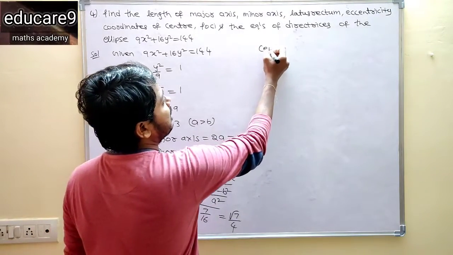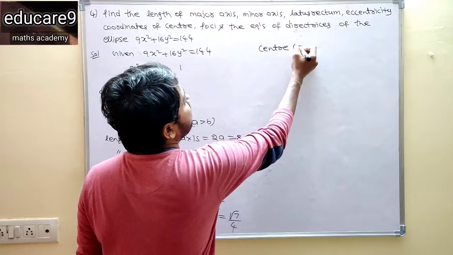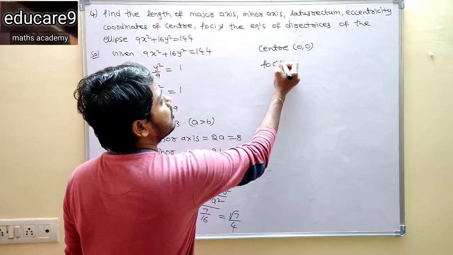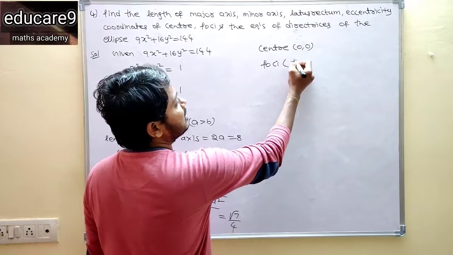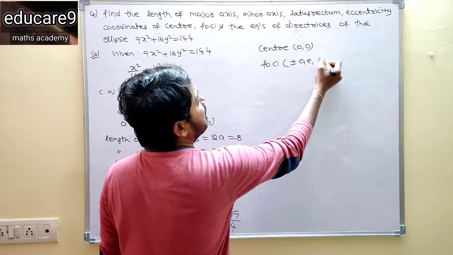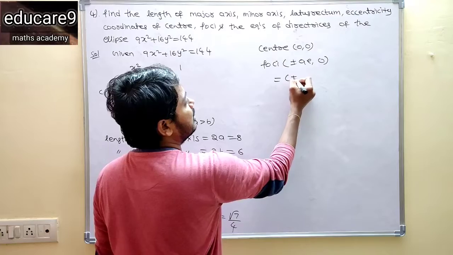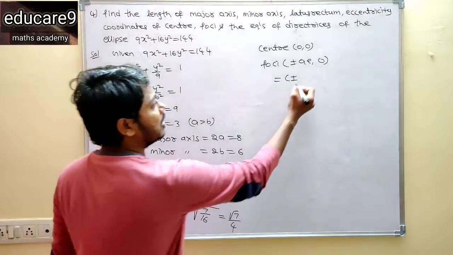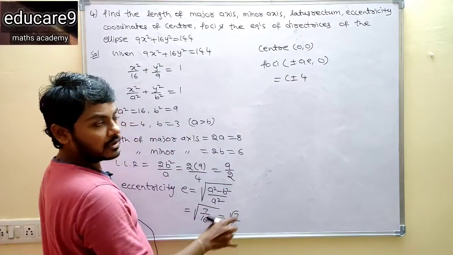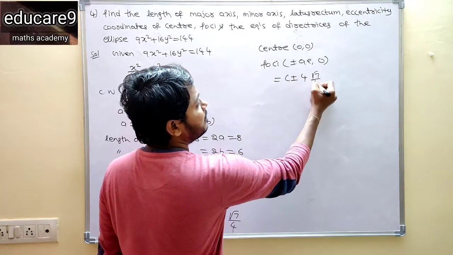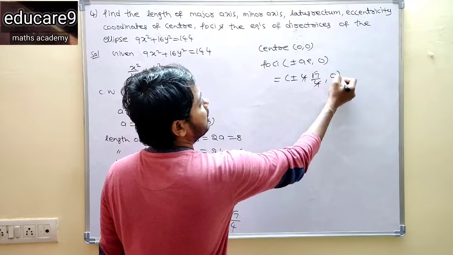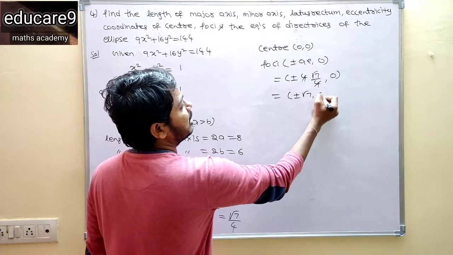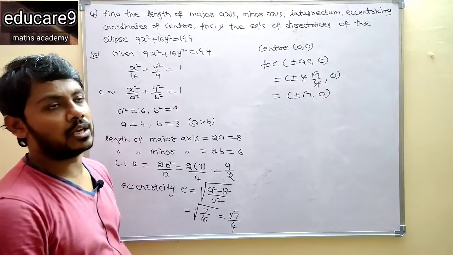So what is the center of the ellipse? Clearly origin. Next foci. So foci is plus or minus ae comma 0. That is plus or minus a is 4 and e value root 7 by 4. 4 gets cancelled. You will get plus or minus root 7 comma 0. These are the foci.